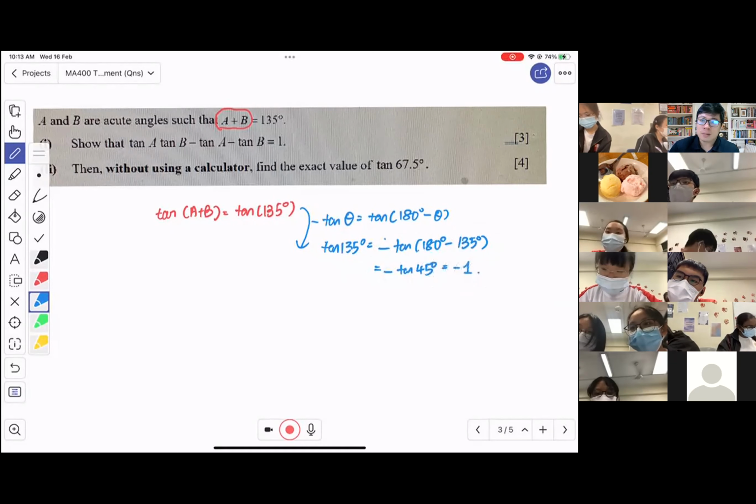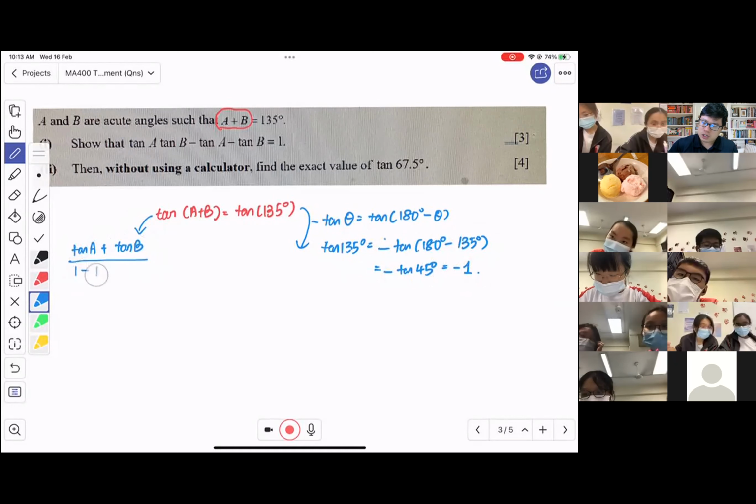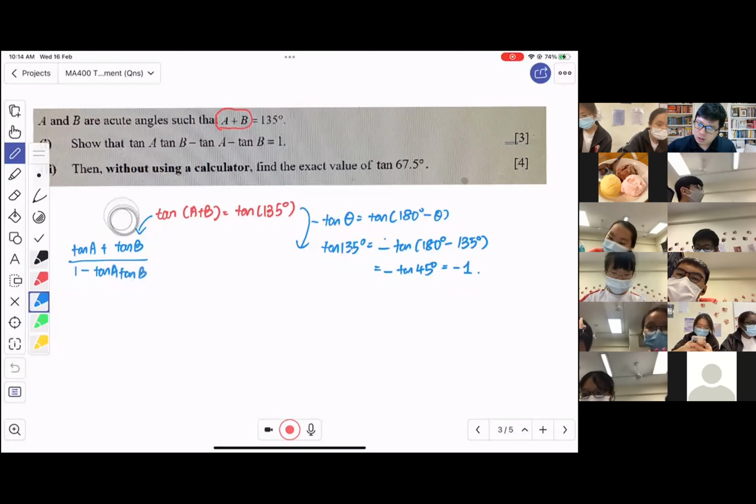Then, using the addition formula, tangent A plus tangent B over 1 minus tangent A tangent B. This is just the formula. On the right hand side, I know that this is equal to negative 1.